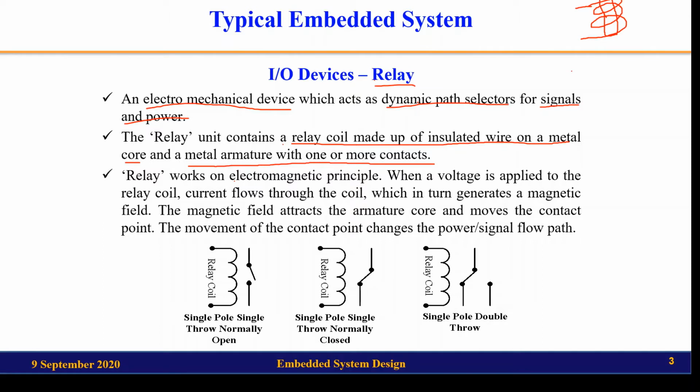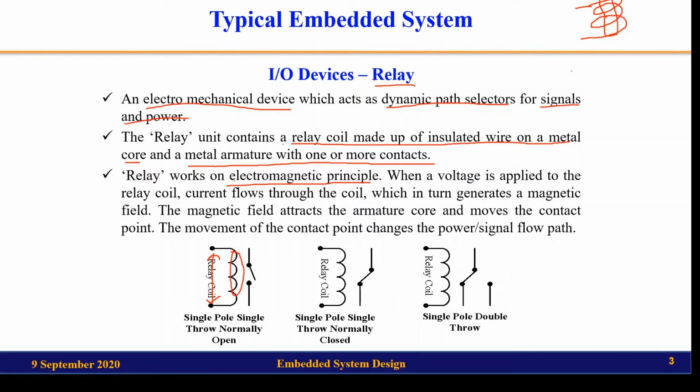So this relay works on the electromagnetic principle. That means whenever we apply some voltage to the relay coil, it forms an electromagnetic field around it.